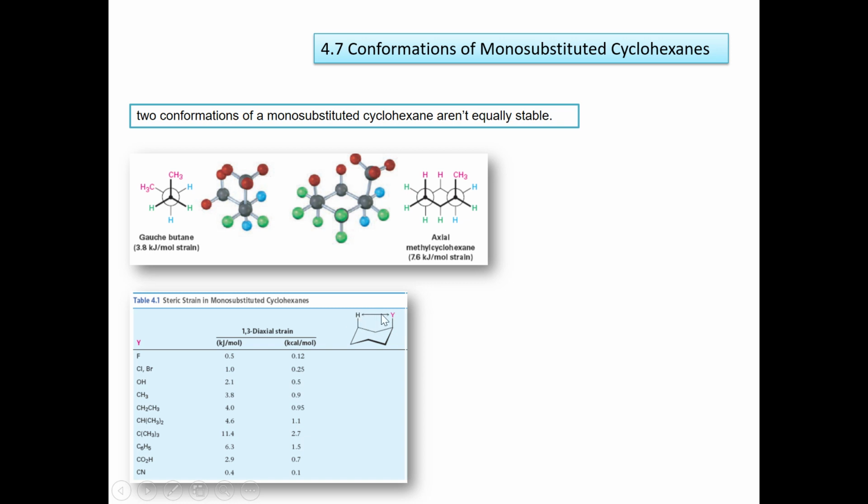For example, now we are comparing any substituent with a hydrogen, and we see how much energy is required to have this axial substituent. For example, if we have fluorine it is 0.5, if we have bromine it is 1, I guess, etc. The only thing we need is to sum this with this with this, and we will know the extra energy that is required.